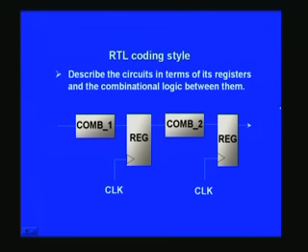It is normally referred to as a pipeline, which we will cover in depth later on when we deal with arithmetic circuits. For the time being, this is enough if you know that the RTL coding style is basically based on separating out combinational as well as sequential circuits.